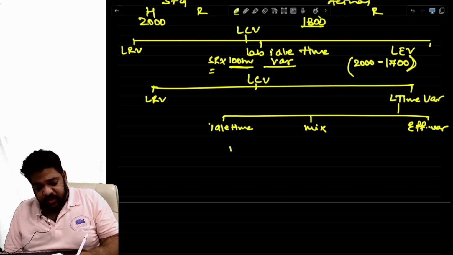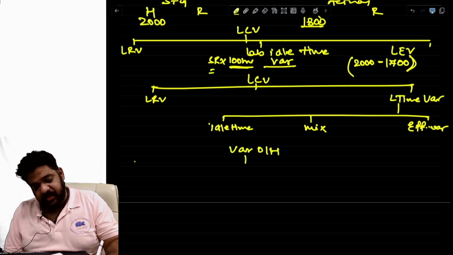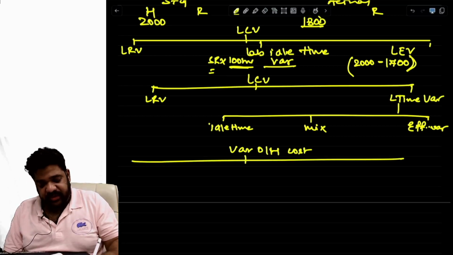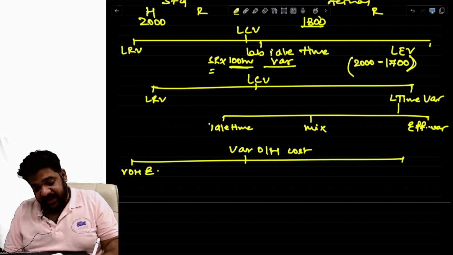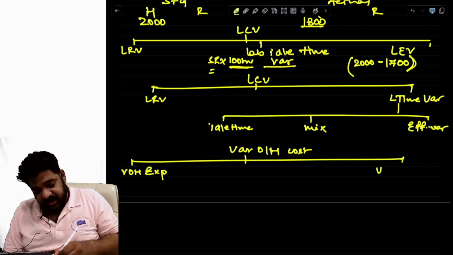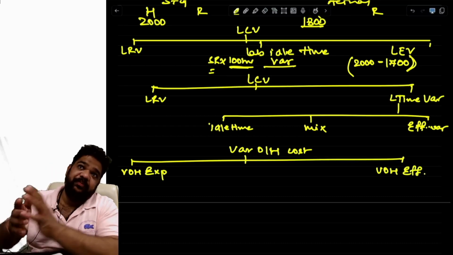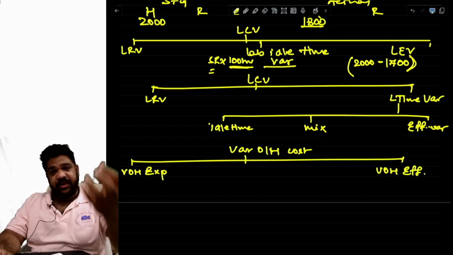In terms of variable overheads, they're fairly simple. Same thing, you will have variable overhead cost variance, variable overhead expenditure variance, and variable overhead efficiency variance. See, you'll have to remember it this way.